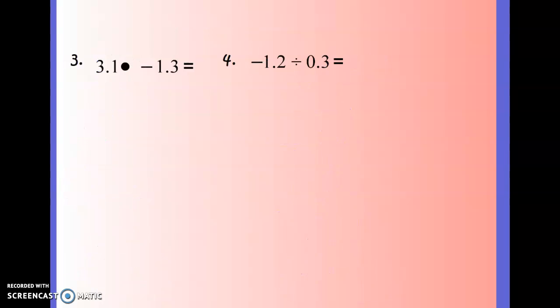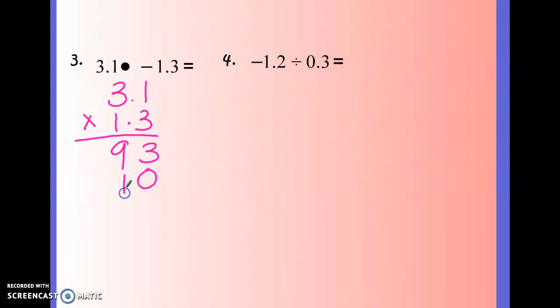Okay, let's try another one. 3 and 1/10 times negative 1 and 3/10. Again, we just set it up. Multiply by our ones place first on the bottom. 3 times 1 is 3. 3 times 3 is 9. Move to my tens. I have to add a 0 to show that. 1 times 1 is 1. 1 times 3 is 3.